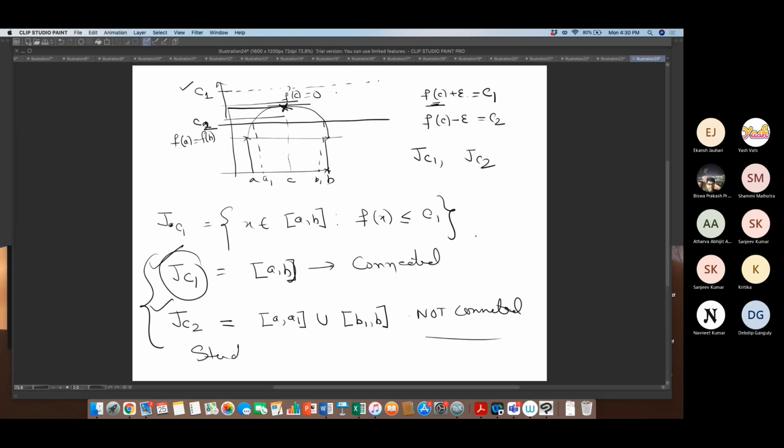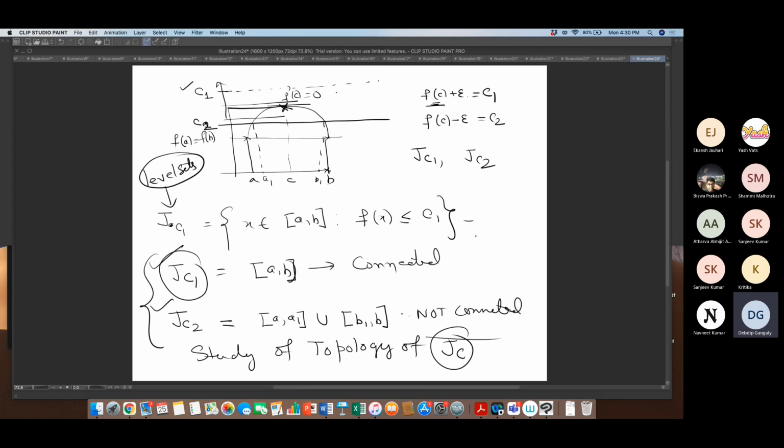So solving a PDE means study of the topology of J_c type sets. These are called level sets. In one dimension you can see this is connected, this is not connected.